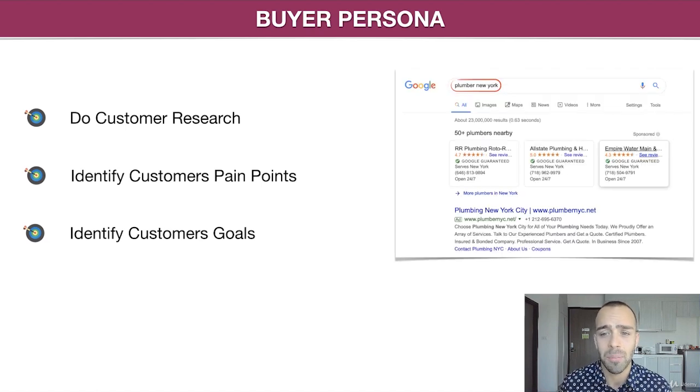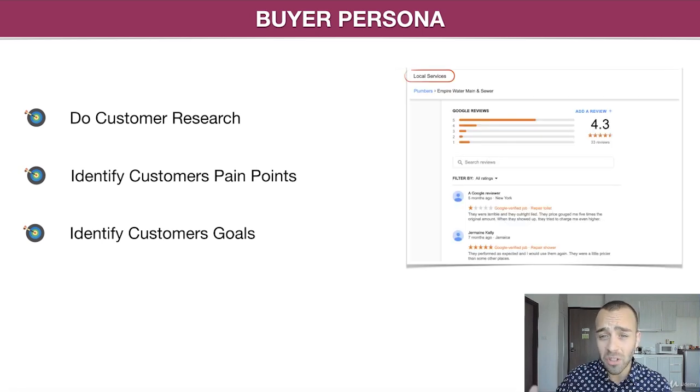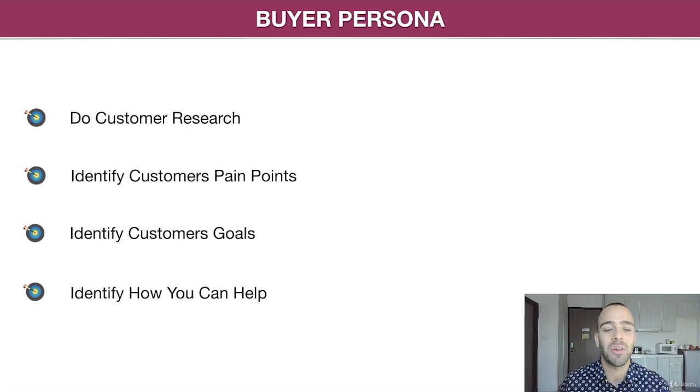Let's say that somebody is searching for a plumber in New York, then you can just search for that, and then you can tap on see reviews where the arrow is pointing right now, and just read the reviews. What types of goals do my potential customers have? And then we would like to identify how you can help them. How can you help your potential customer with your product or with your services?